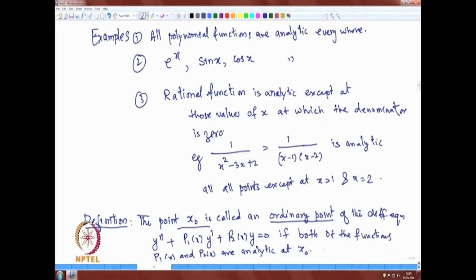If that fails, if it is not true, then we say the point is a singular point.